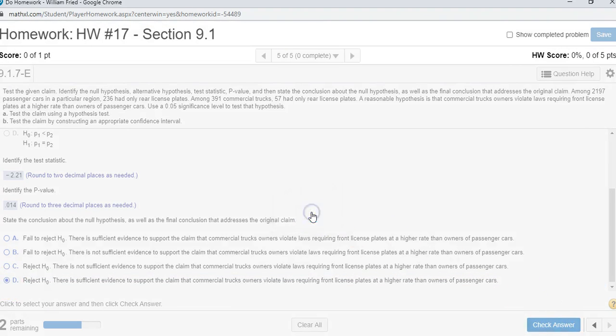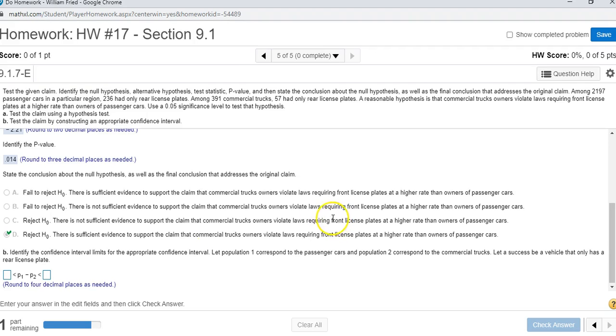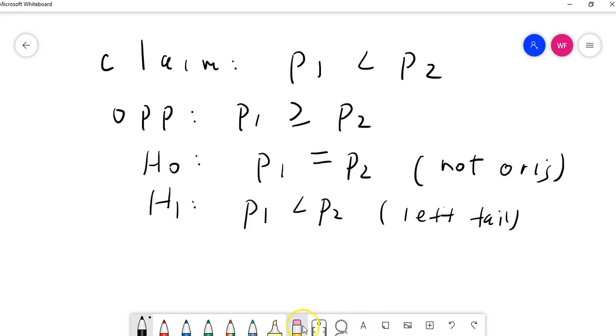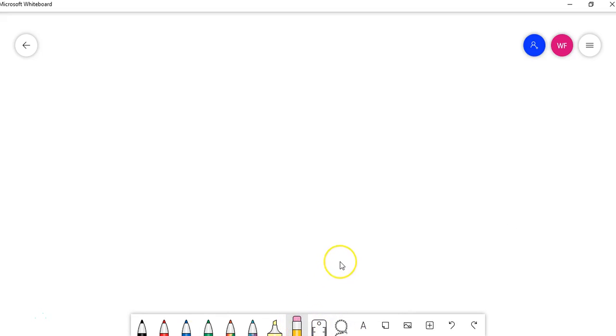Here comes the part where they want us to do a confidence interval for this. The fact that it was a 5% significance and a one-tail test tells us what confidence level to use for the confidence interval.